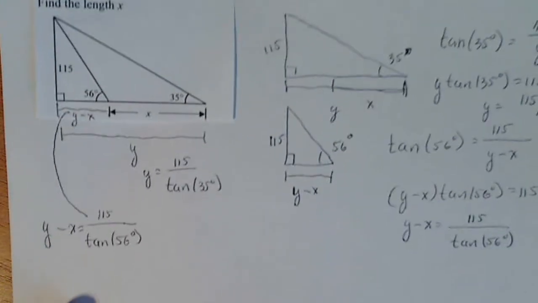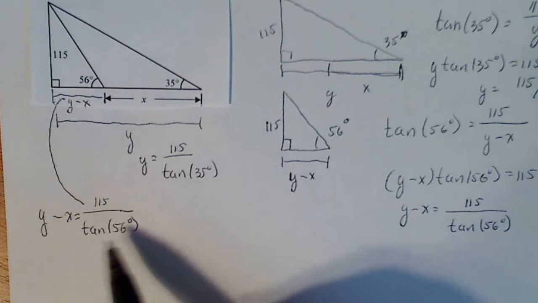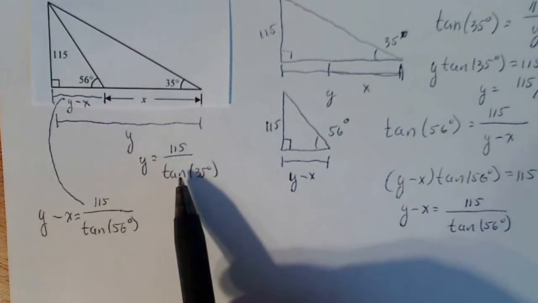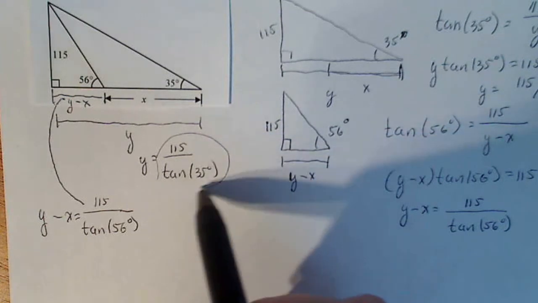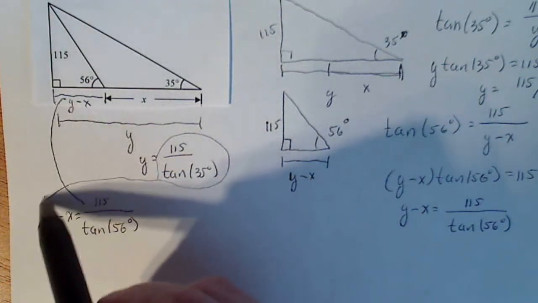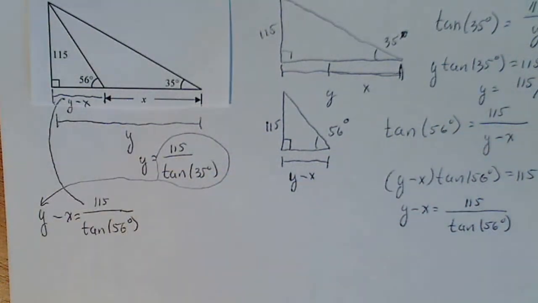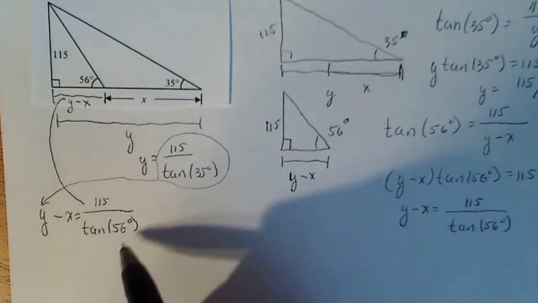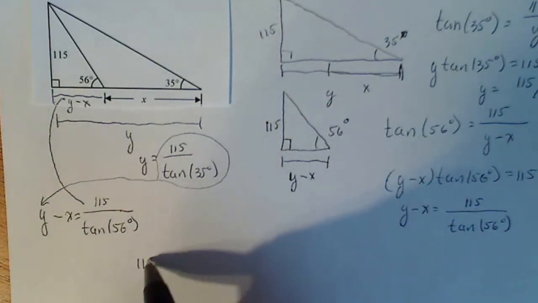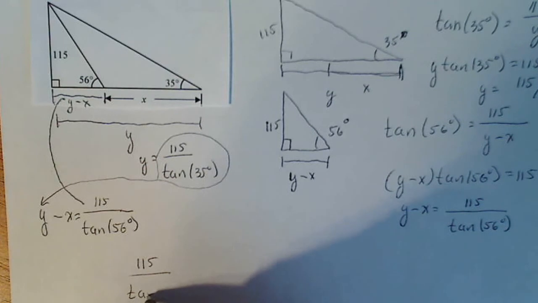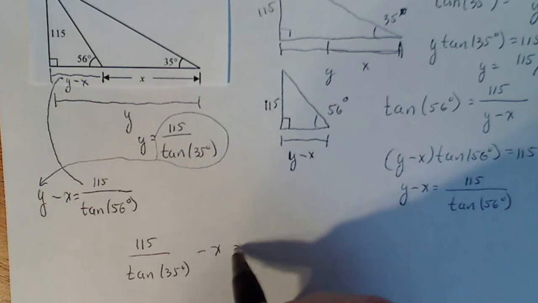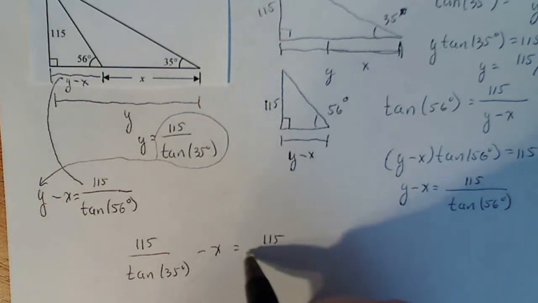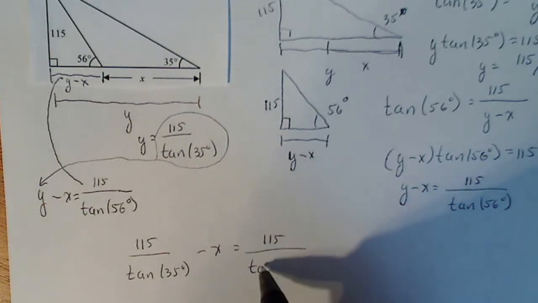So now I have that y minus x is this value, and y is this value, so I can substitute this value in for y right here and then solve for x, and that'll give me the x value that I want. So 115 divided by tangent of 35 degrees minus x is equal to 115 divided by tangent of 56 degrees.